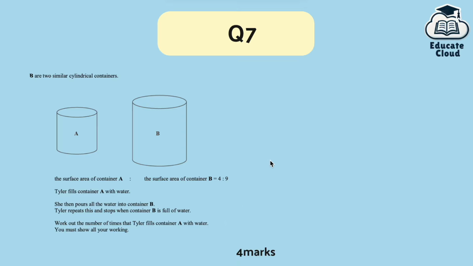Now this is a tricky one, but what you've got to realize is this is the surface areas ratio, and you want the volume ratio because you want to compare how full they are of water. So to go between the ratio of the surface areas to the volumes, you can just work out lengths to start with of the containers, which would be square rooting them.